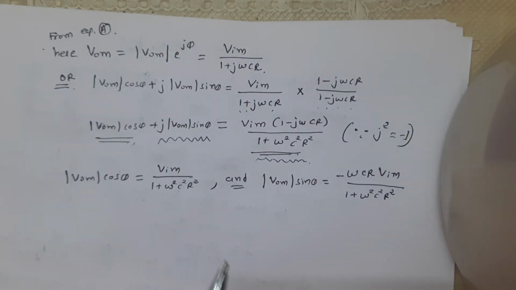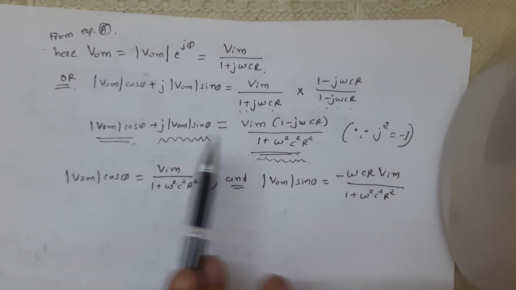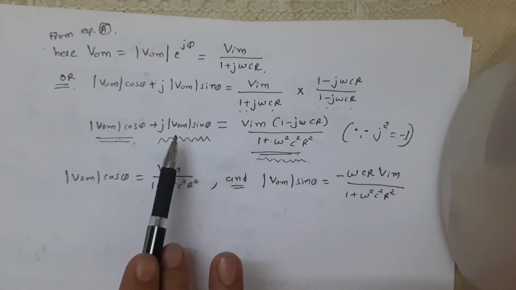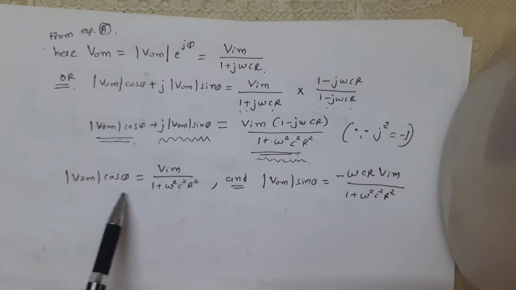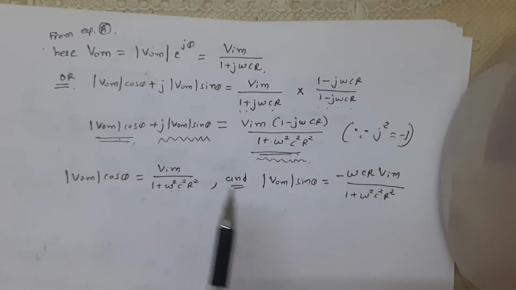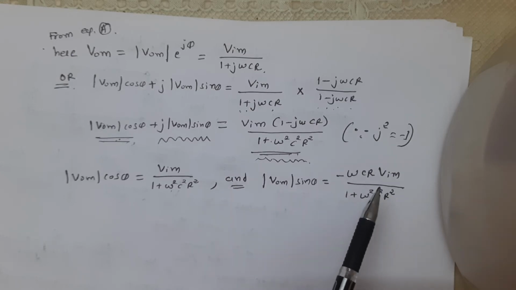So we compare the real part, left hand side real part with right hand side real part, and again compare the left hand side imaginary part with the right hand side imaginary part. This is our real part, modulus of VOM cos theta is equal to this, and the imaginary part, modulus of VOM sin theta is equal to this.